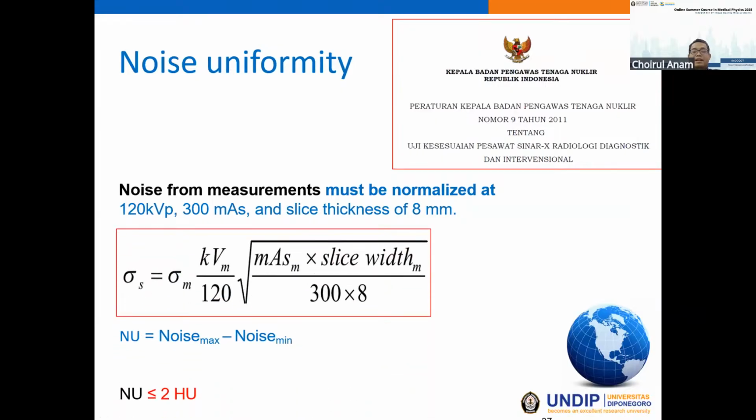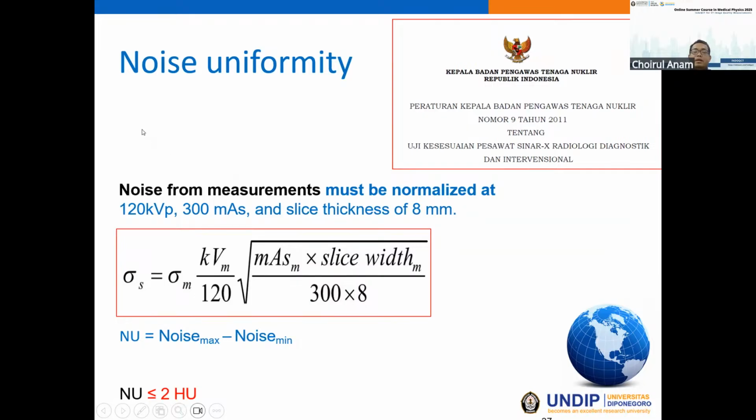In Indonesia, the noise uniformity is very easy to calculate. If we have the noise from the 5 ROIs, we identify the maximum one and the minimum one, and then we subtract the minimum from the maximum noise, and we will have the noise uniformity.